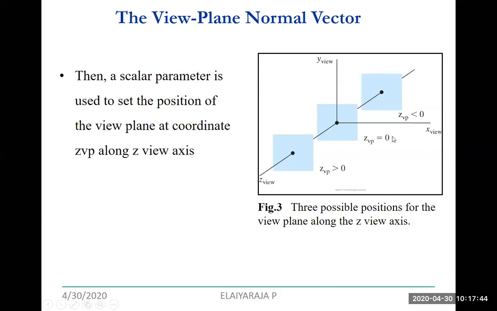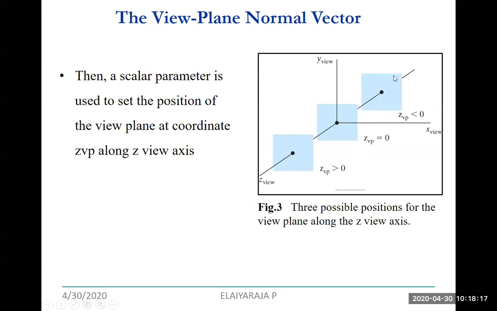Here are three possible positions for the viewing plane along the z view axis. If this is your YZ viewing plane, your viewing point is from the z view axis. If this is your XY viewing plane, your viewing point is from the z view axis.